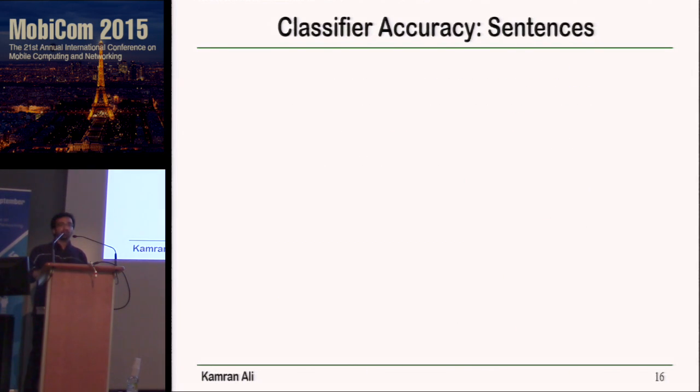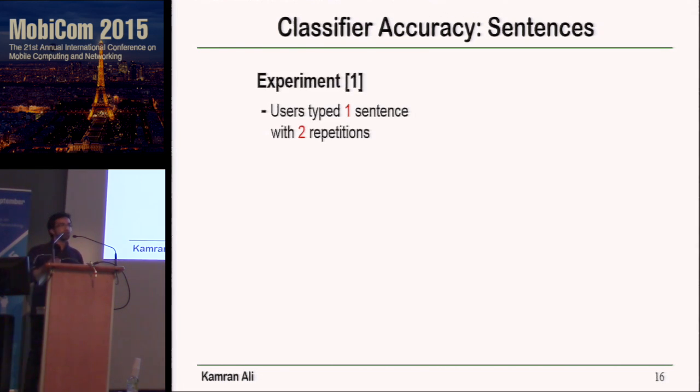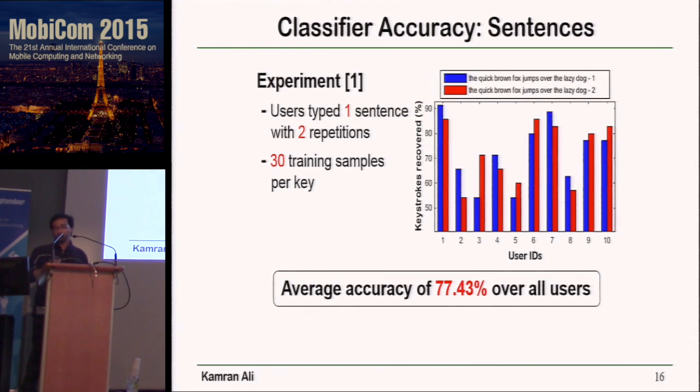Okay, moving on to the classification accuracies for the sentences. We first tested the accuracies of our classifiers on one sentence typed by all the users 2 times, and we used 30 training samples per key in this experiment. We observed an overall average accuracy of more than 77% for different users.